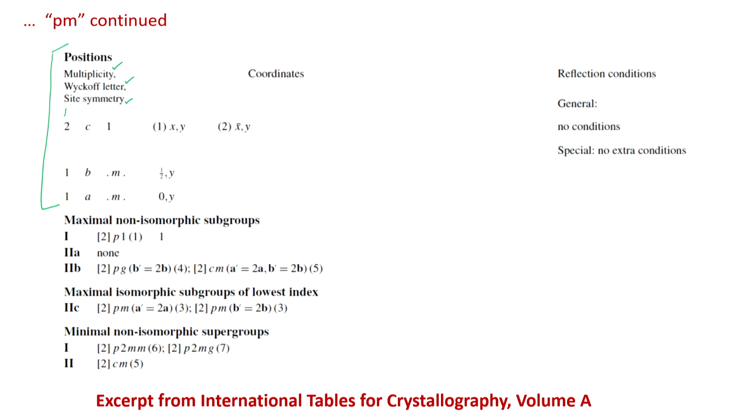This column out here is multiplicity. The third column out here is site symmetry, and the middle column in which letters A, B and C are written is simply called the Wyckoff letter.